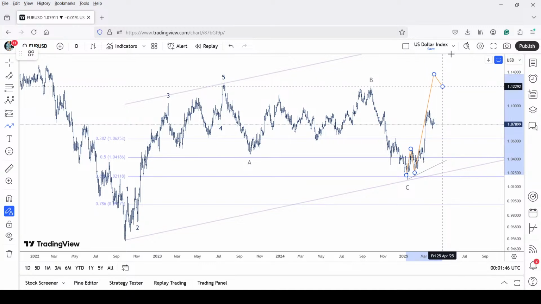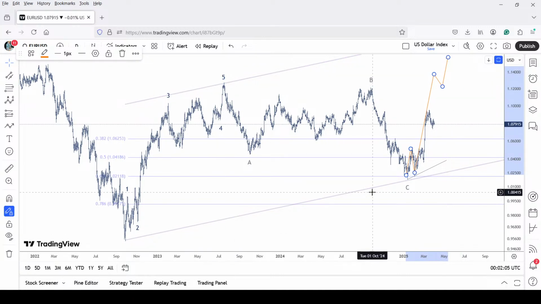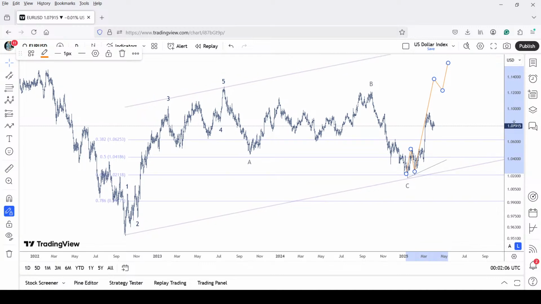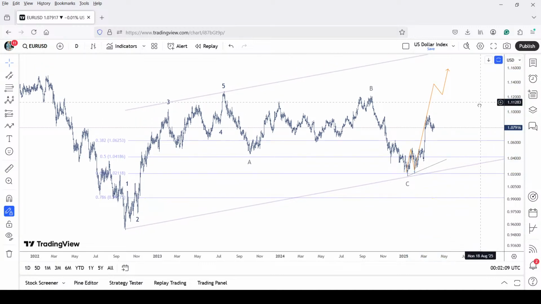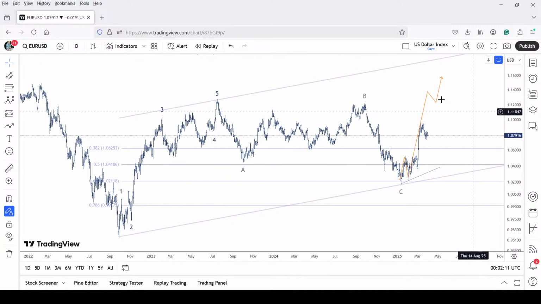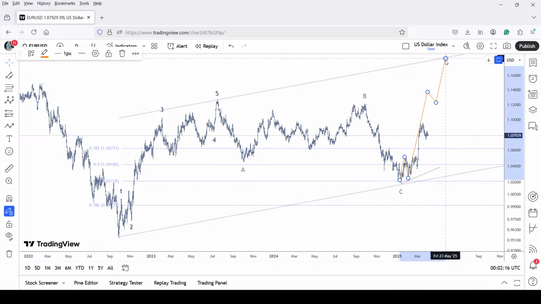When I say it could be of an equal magnitude, it means the distance traveled by this particular wave, it could be a larger degree wave C, making it a zigzag 5-3-5, and I've drawn an Elliott channel as well for the zigzag to complete, and it takes us all the way through the 1700 zone or even more than that.